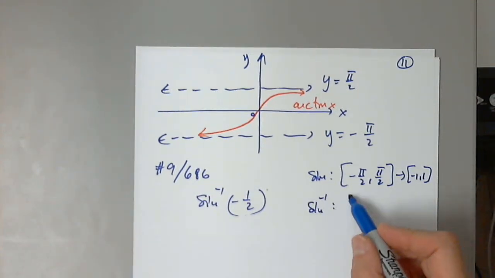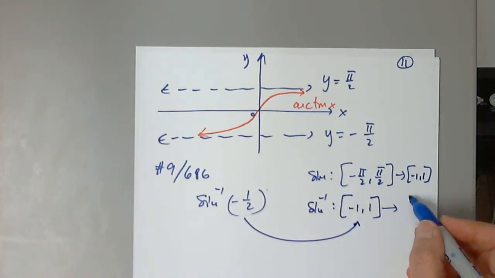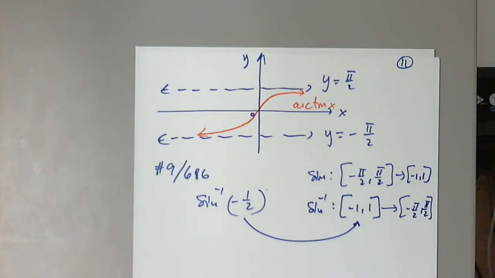And sine inverse is defined on -1 to 1 and takes values between -π/2 and π/2. Since we're talking about an angle whose sine is negative, I have to choose a negative angle between -π/2 and π/2. So sine inverse is applied to a number between -1 and 1, and I have to come up with a result between -π/2 and π/2.